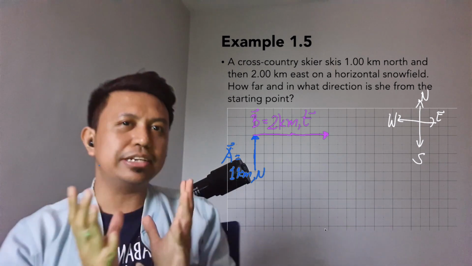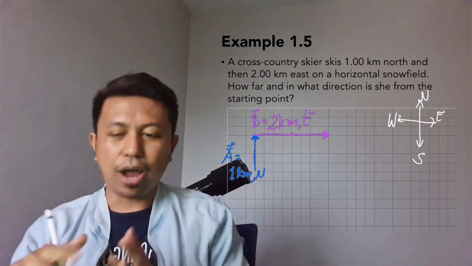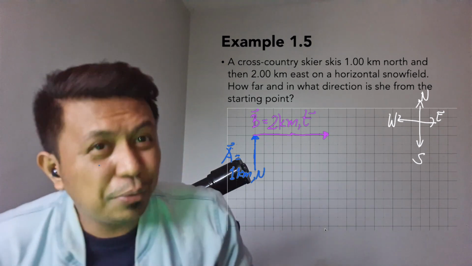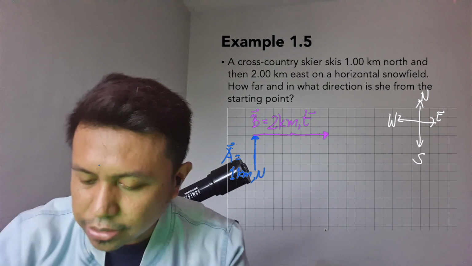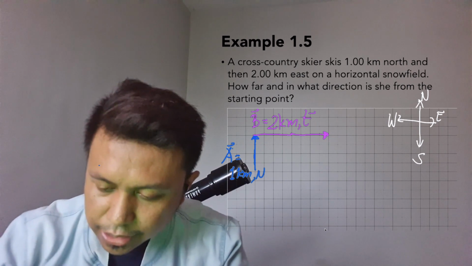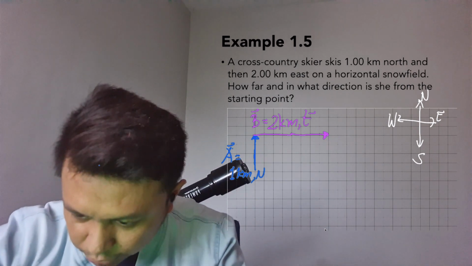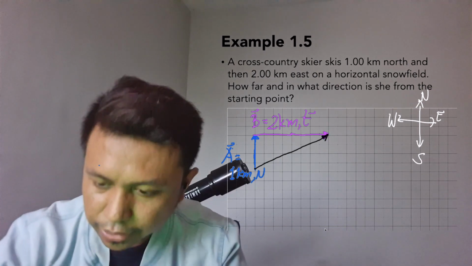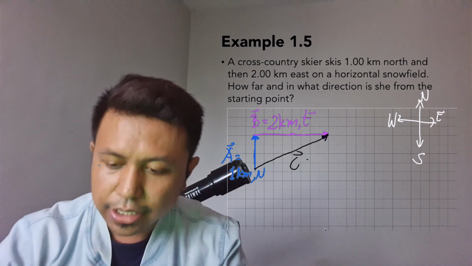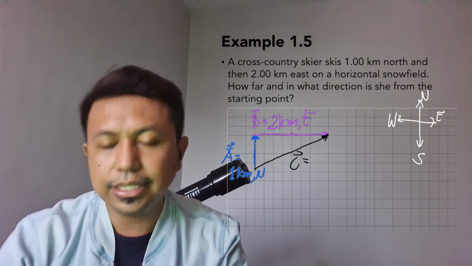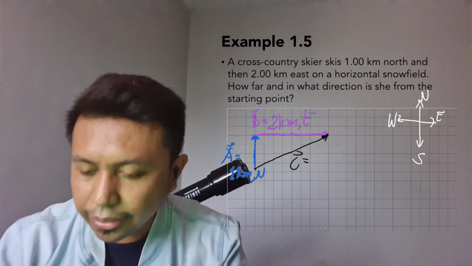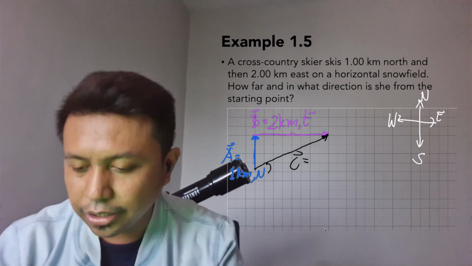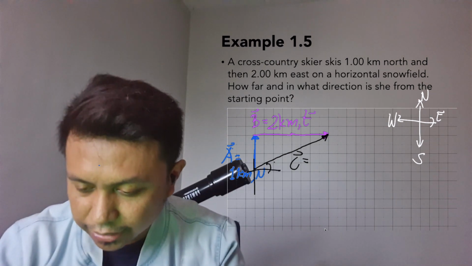Now since we're doing this graphically, I already made it in the head to tail method. So we can go on with the head to tail method. The resultant vector now is from the tail of vector A to the head of vector B. So that is vector C. Vector C is basically the length of this line, and then the measurement of this angle, let's say this angle is theta.